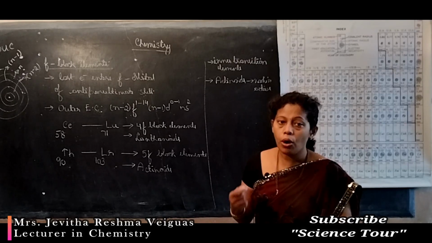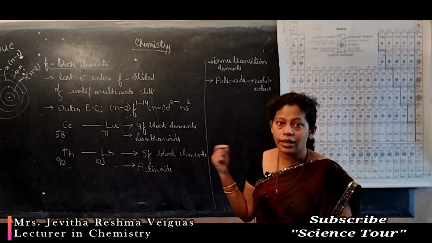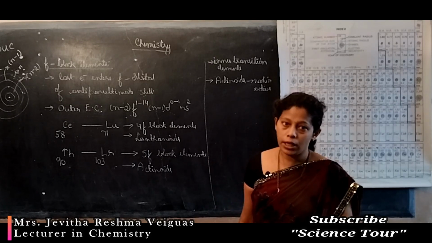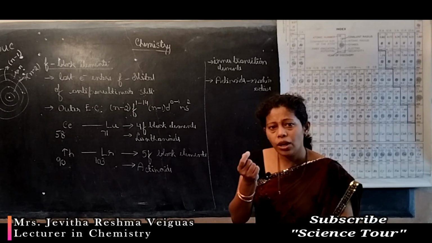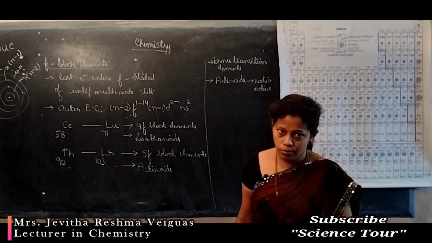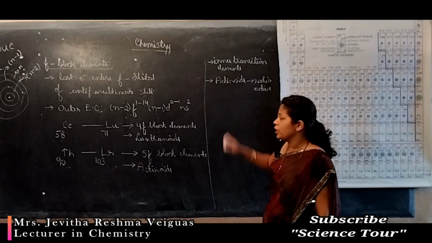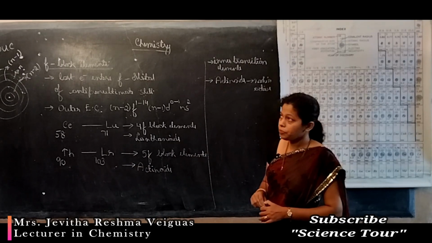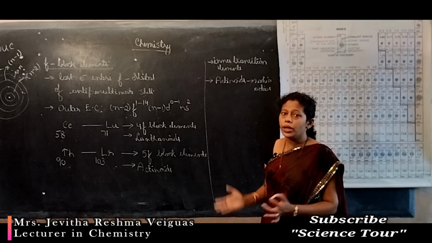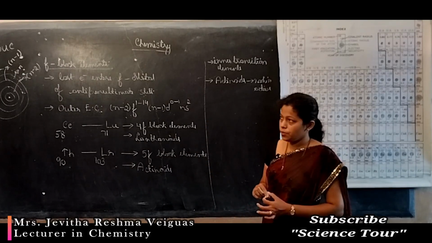They have short lives and they are radioactive, and their chemistry is not completely known because they are obtained in very small quantity, that is in trace amounts or nanograms. So the chemistry of actinoids is a bit complicated. These elements, lanthanides and actinoids, together make F block elements.